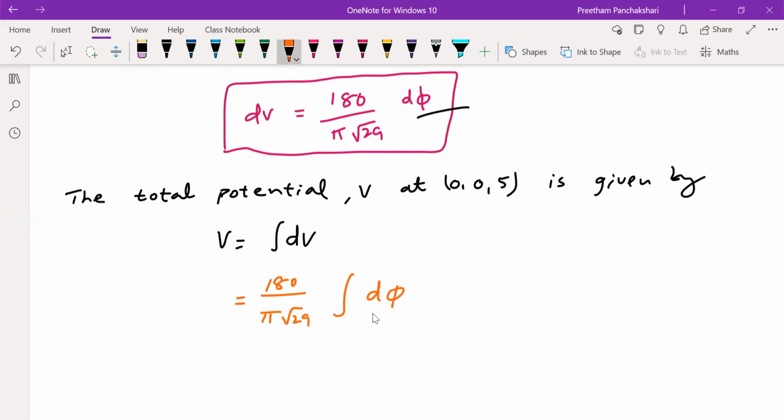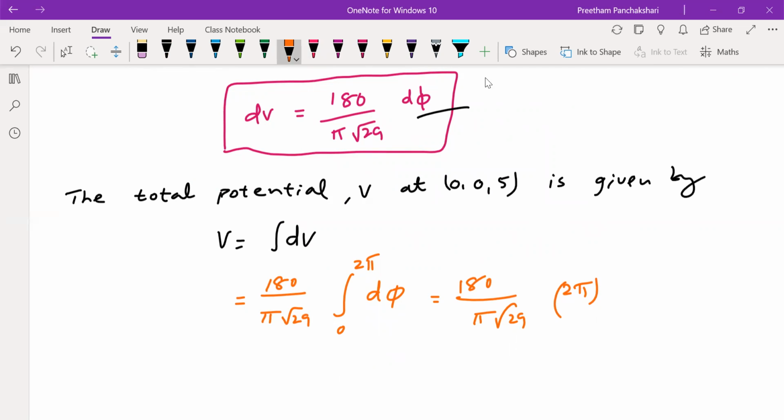Only d phi has to be integrated. For a circular ring, the angle phi varies from 0 to 2 pi to define the complete circle. So this gives us a value of 2 pi.